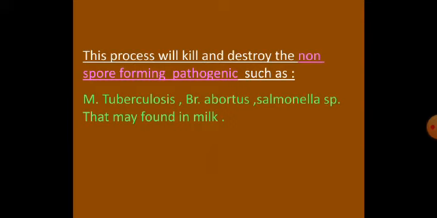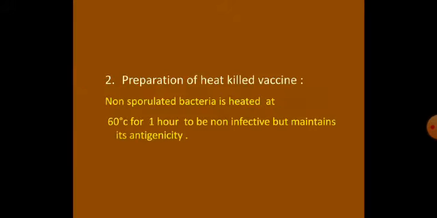But most of the organisms that come from milk or infect humans from animal sources through milk, such as Mycobacterium tuberculosis, Brucella abortus, and Salmonella, are all non-spore-forming organisms. So pasteurization of milk is efficient for sterilization of milk. Preparation of heat-killed vaccine is at 60 degrees for 1 hour.